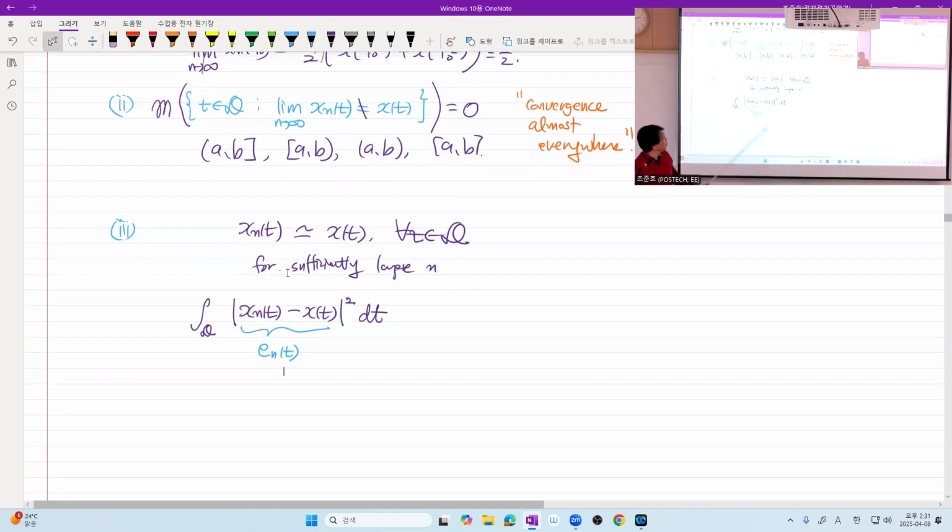And you compute the energy of the error signal, right? So this is the energy in the error signal.